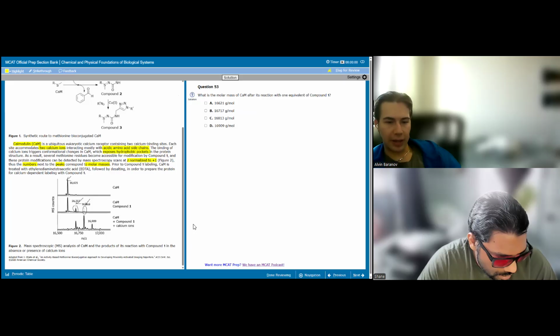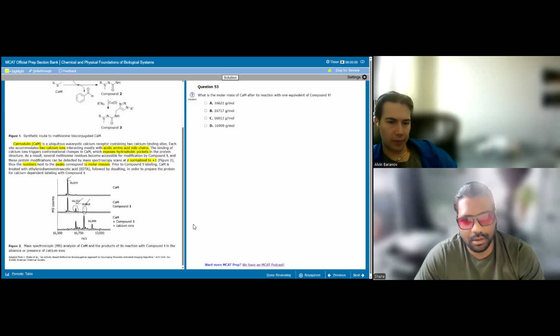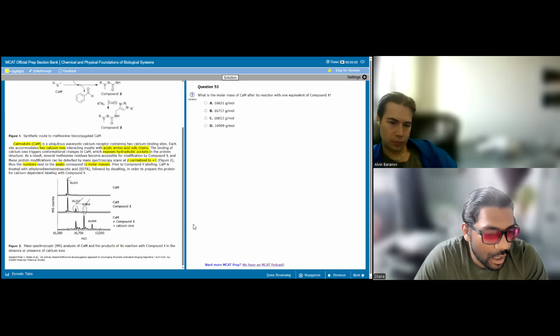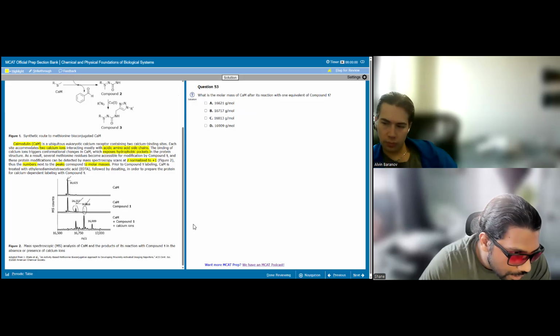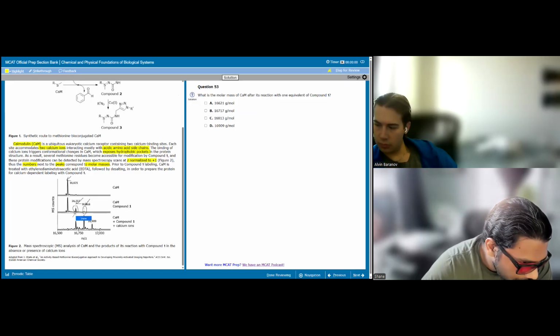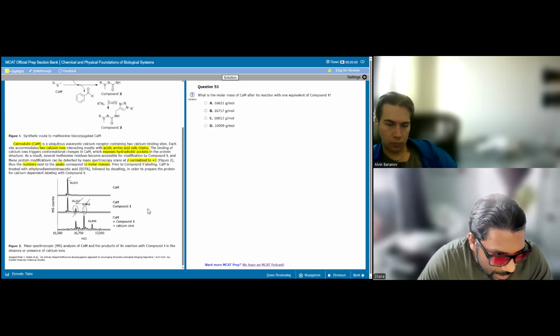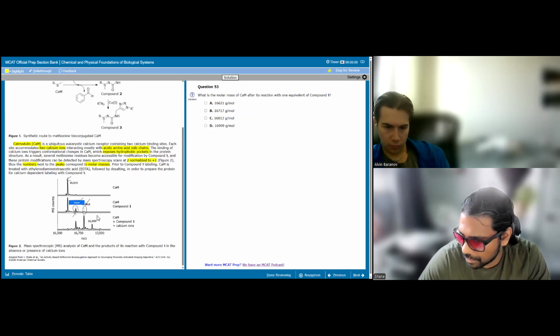But how do you know that it's that? How do you know the one on the right is compound 1? Well, if this was compound 1, your CAM should be between compound 1 and CAM without compound 1, right?